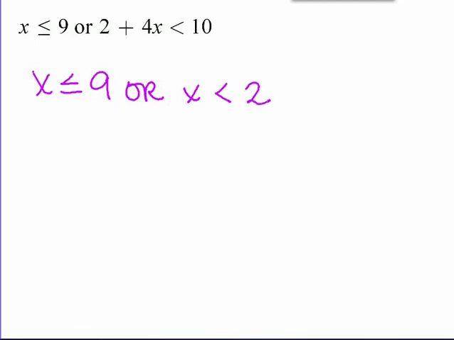So if I were to graph this on a number line, here's 0. Somebody tell me what it's going to look like? Closed circle on 9, shaded to the left.